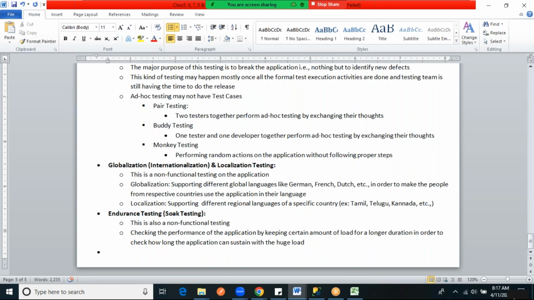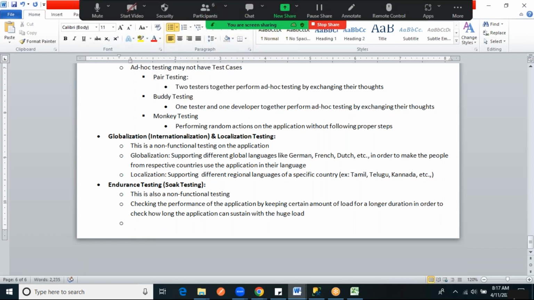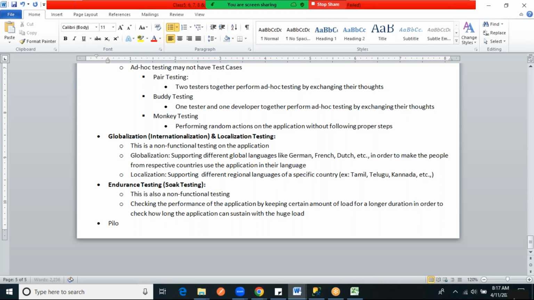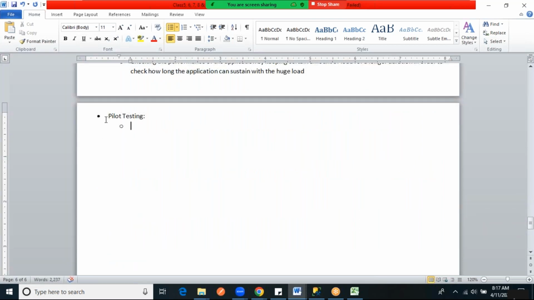Next, there is one thing which is pilot testing. What is pilot testing? I was explaining this already, acceptance testing, alpha, beta, gamma.